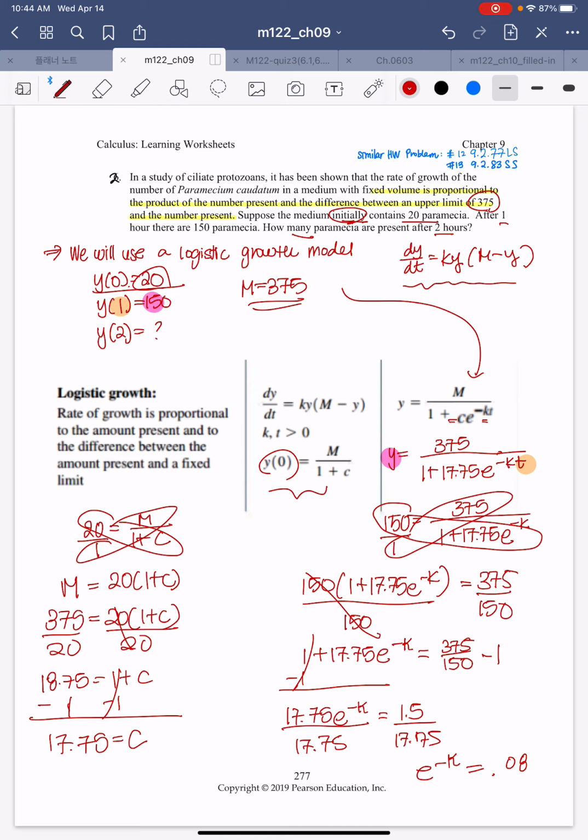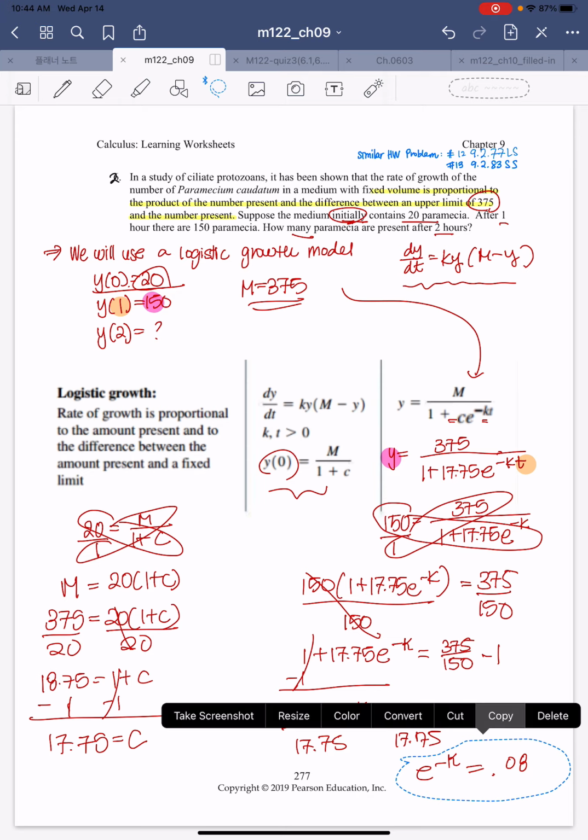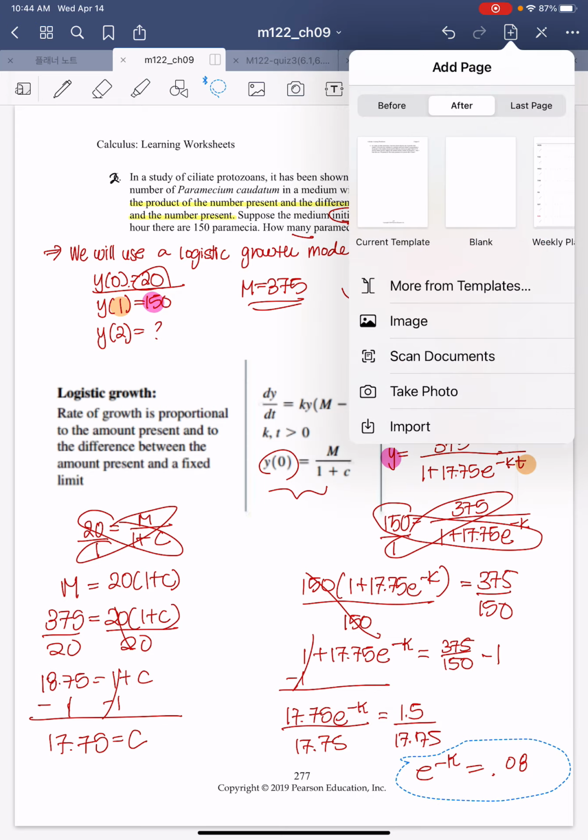And now let's keep going and then solve for k. So I'm going to copy and paste to the next page. So this is how far we got.